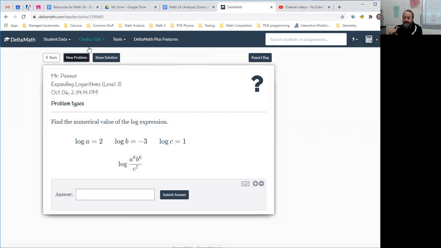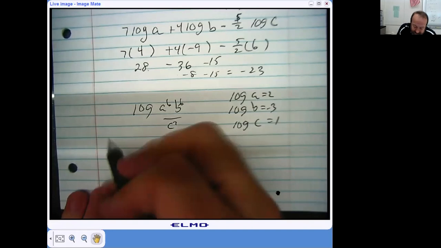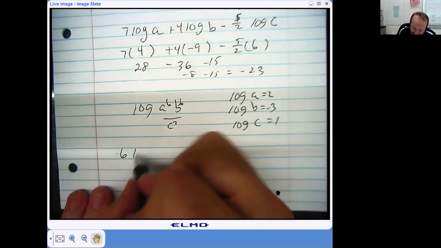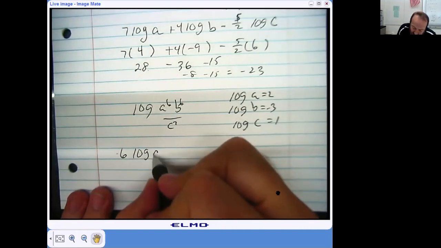So here's another one. So we have that the log base a, the log of a is 2, the log of b is -3, and the log of c is 1. And we're asked to do the log of a to the 6th, b to the 6th over c to the 7th. So let's see if we can put that all together just one time. So again, the exponent could come in front. That would be the log of a.